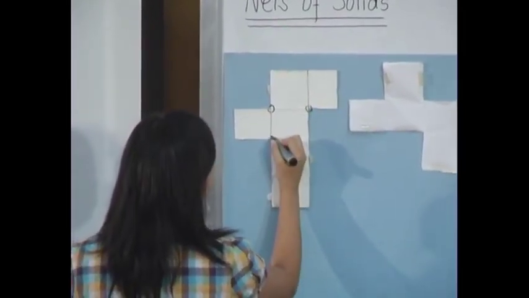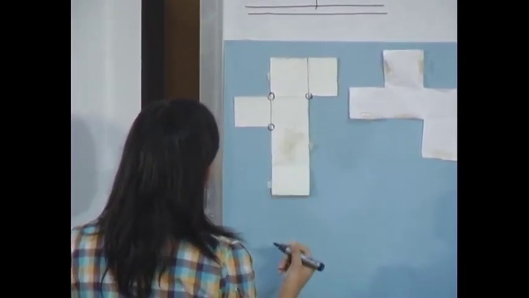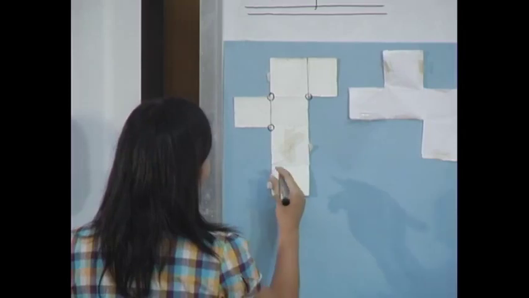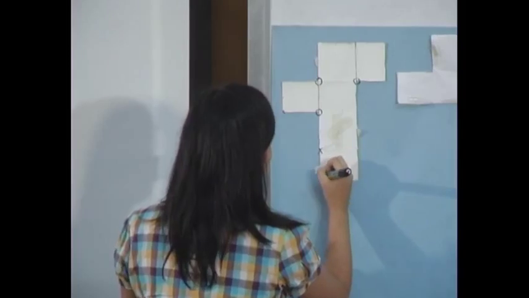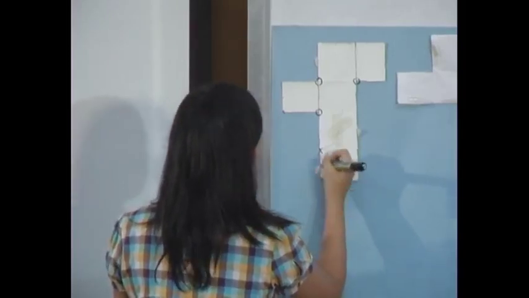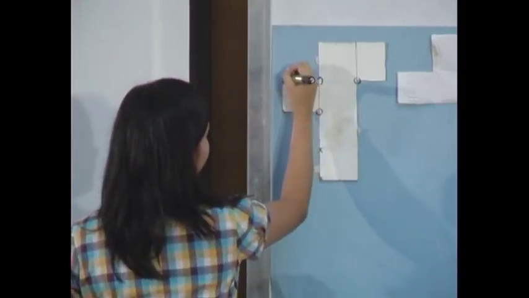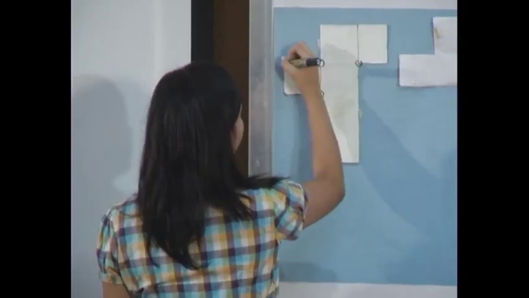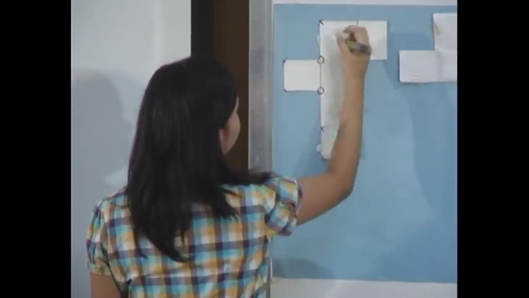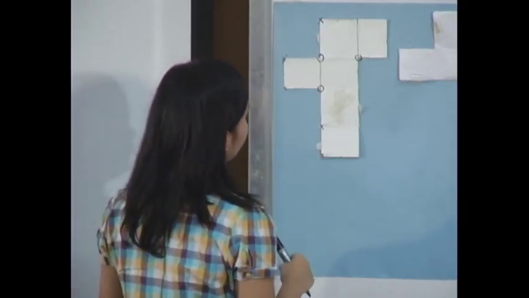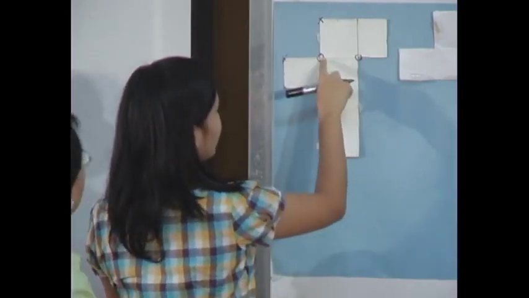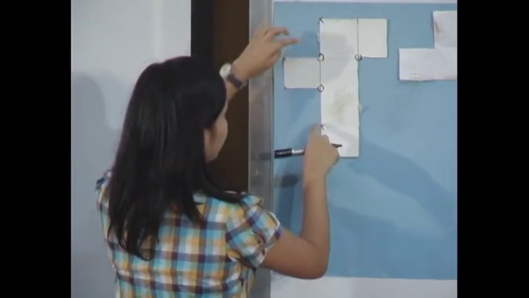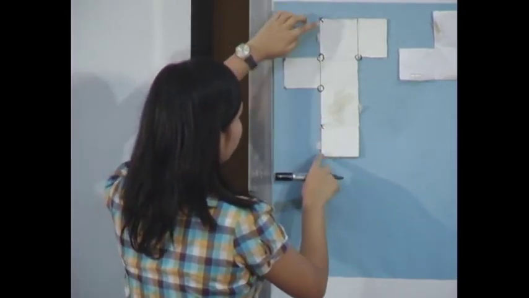That's 2, 3. So you have 8 vertices already? No, 2, 3, 4, 5.